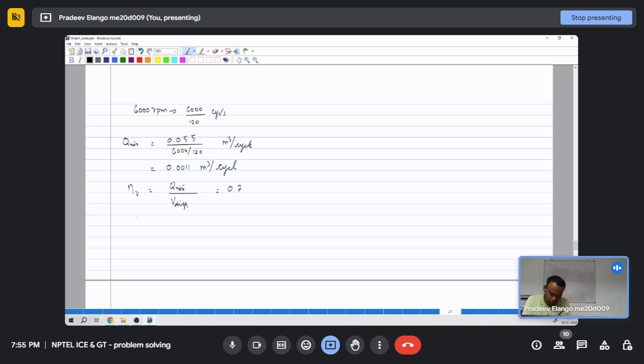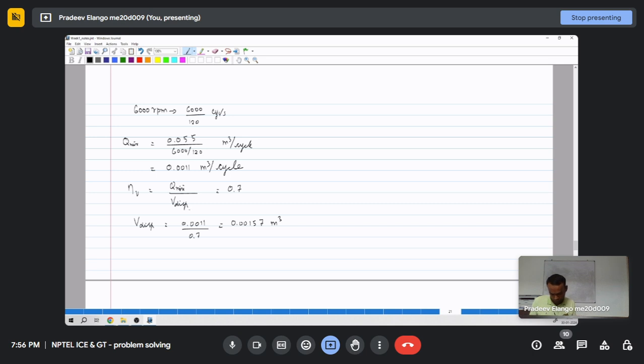So displacement volume is Q mix, that is 0.0011 by 0.7, which is 0.00157 meter cube per cycle.